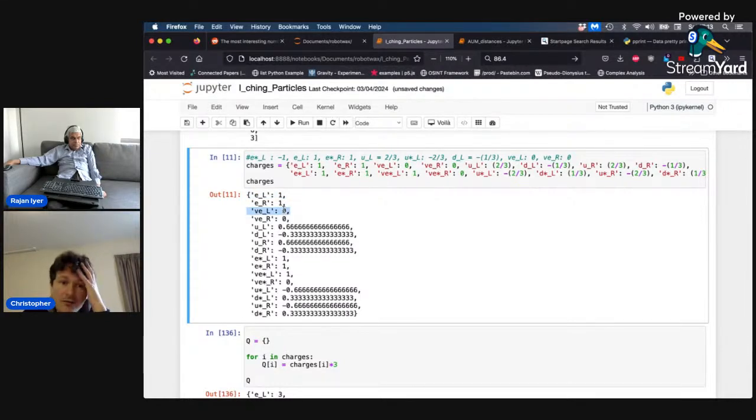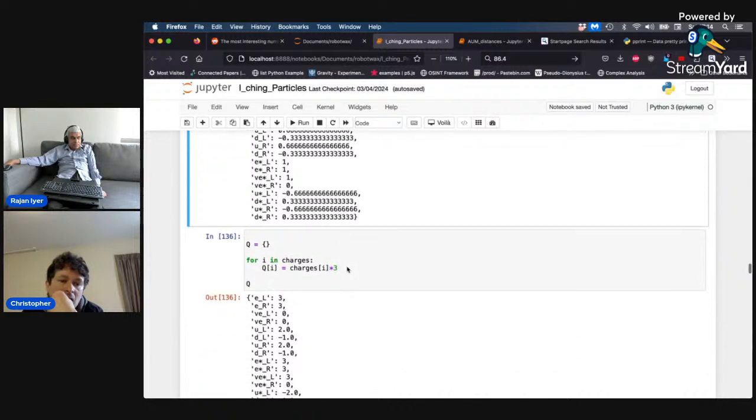The neutrinos have charge 0 because they don't have electric charge; they work off the weak force. The quarks have fractional charges, or we can multiply these so that at the end of the day the electron has charge 3, which is probably the correct thing to do.